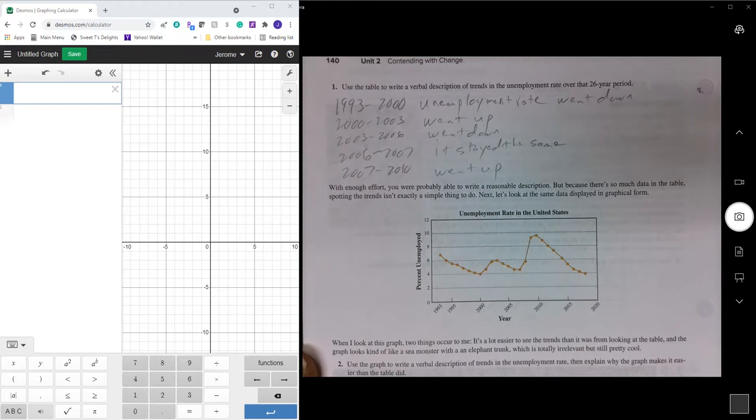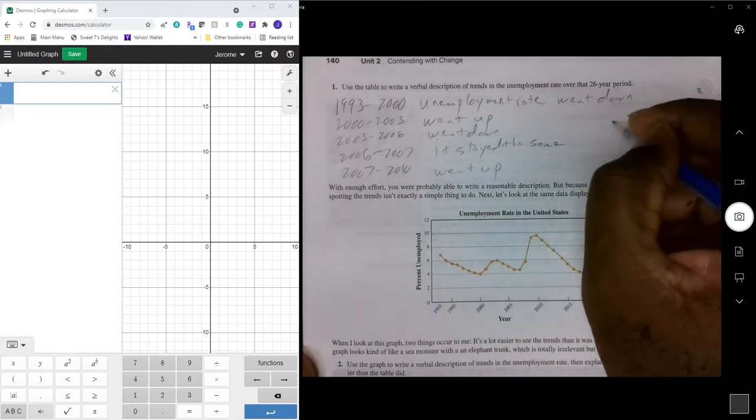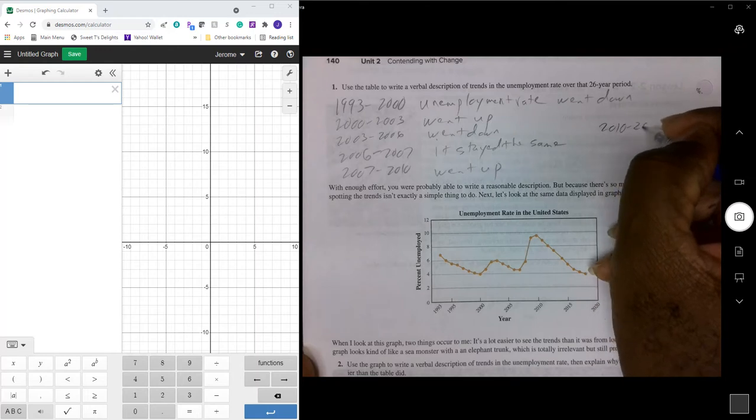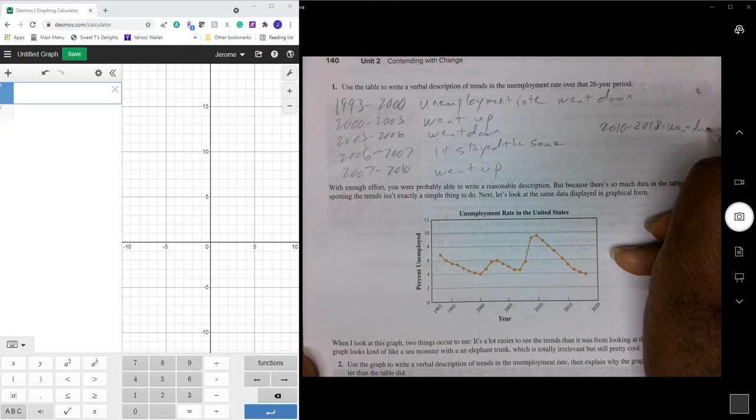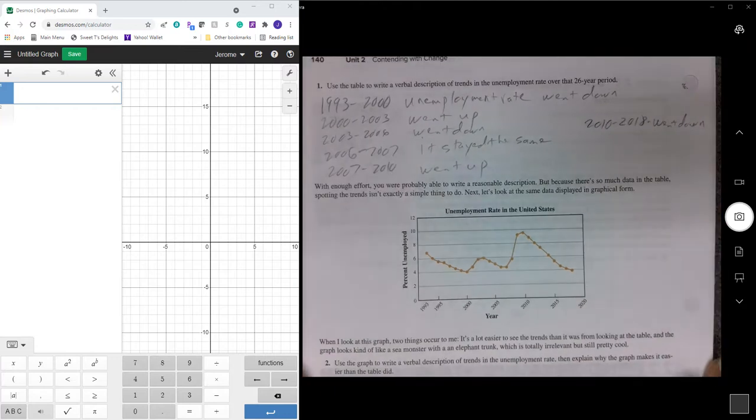And then from 2010 to 2018, it went down. And we know that's the unemployment rate. So it says with enough effort, you were probably able to write a reasonable description. But because there's so much data in the table, spotting the trend isn't exactly a simple thing to do.